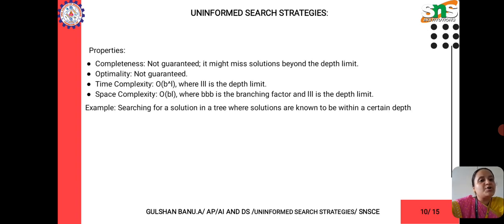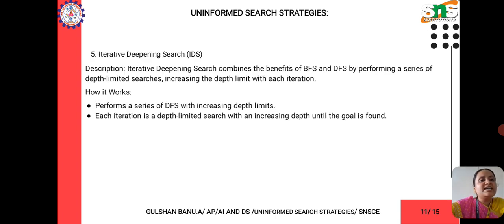So what are the properties? Here completeness and optimality are not guaranteed. The time complexity and space complexity are as follows for this search process. An example of this is searching for a solution in a tree where solutions are known to be within a certain depth.